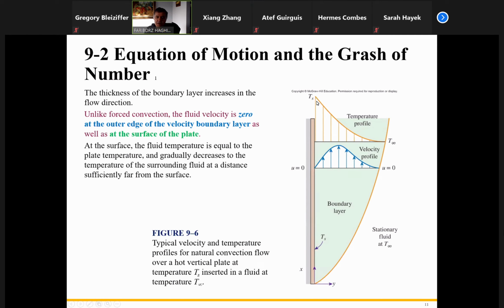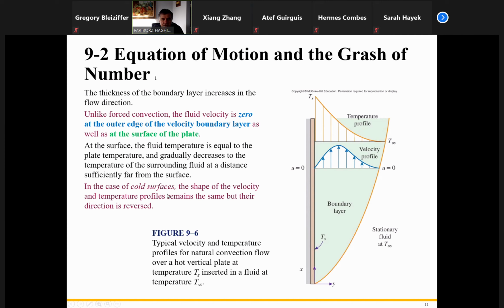As we get further from the plate, the temperature drops. After a certain distance, the temperature remains constant. The temperature of the air is the same. Try to really understand and try to visualize the physical phenomena, okay?